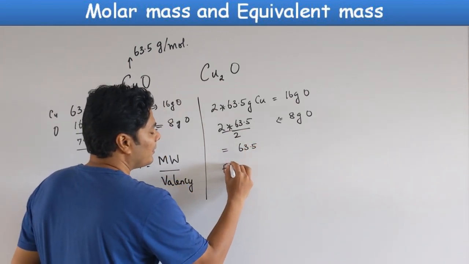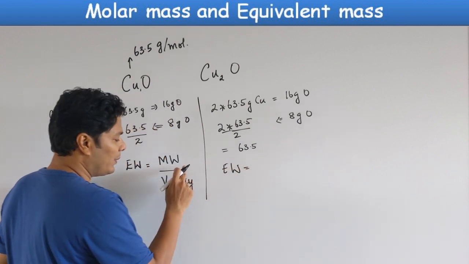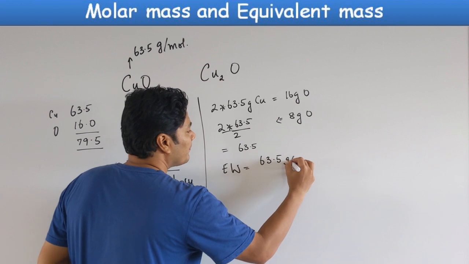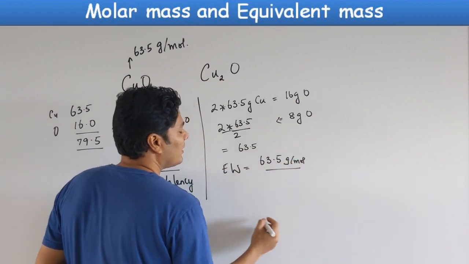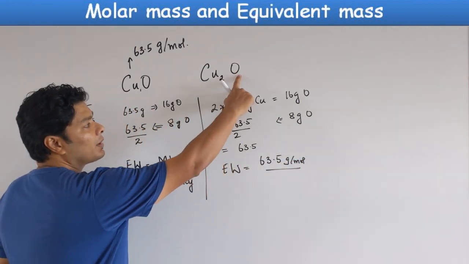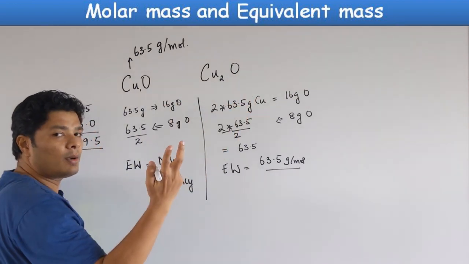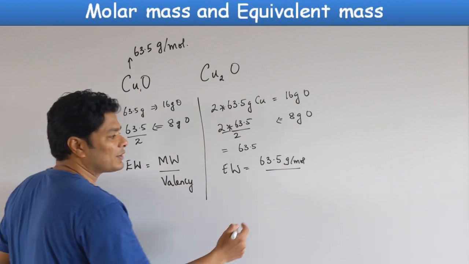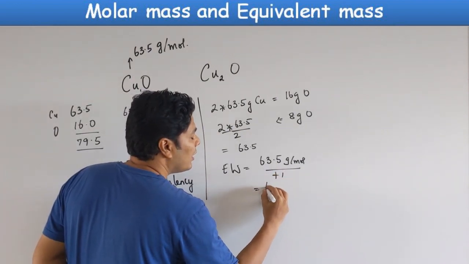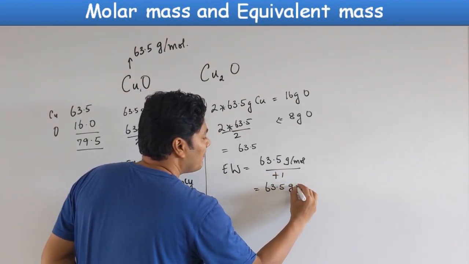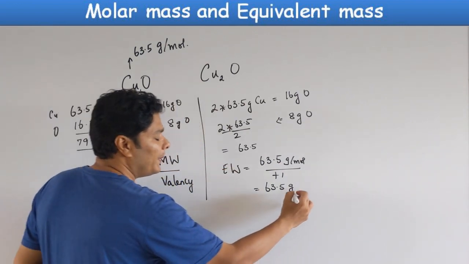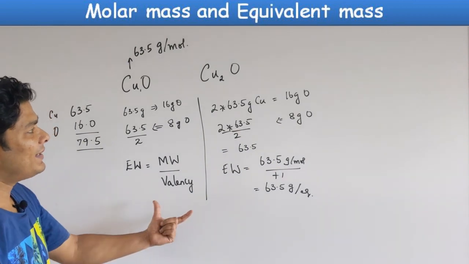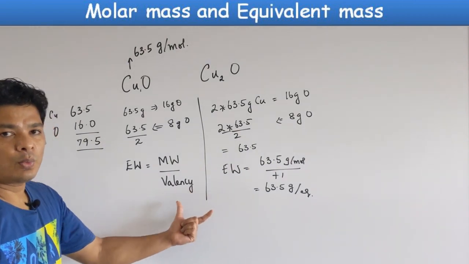Or we can say equivalent weight equals molecular weight divided by valency. Molecular weight is 63.5 gram per mole divided by valency. Oxygen is 2 minus, there are 2 coppers sharing the burden of the negative by being 2 positive, so each copper is plus 1. So this is 63.5 gram. Now you don't say per mole, you say per equivalent. This is the basic definition of getting your equivalent weight.